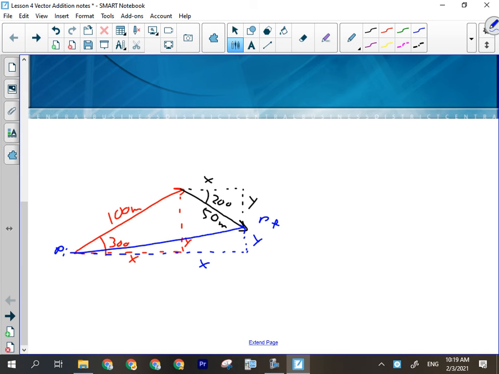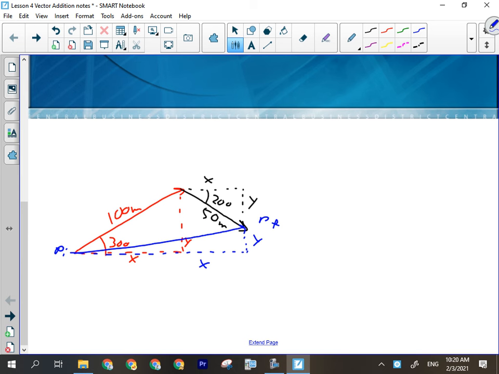I have to figure out how far over I go in total and how far up and down I go in total by finding all the x and y components, which is what we just did a minute ago with the red triangle. We would do it again for the black triangle, find out what x is, find out what y is. And we put them together to figure out what our overall over and up or over and down is for that particular vector. So there's a bit of trig in getting all the numbers, but when it comes right down to it, all you're doing with those numbers is adding or subtracting them.